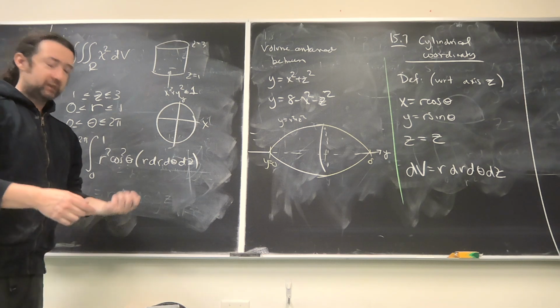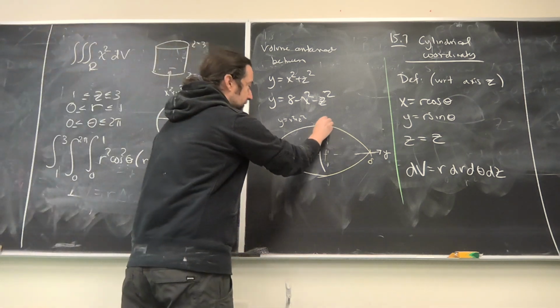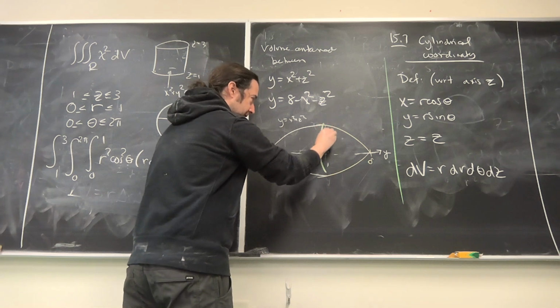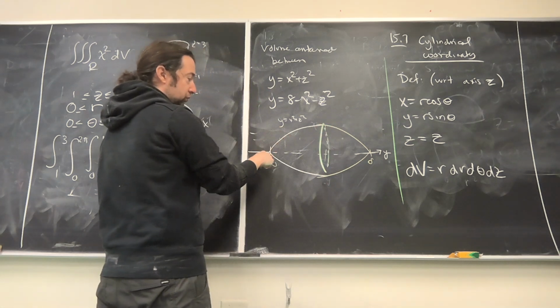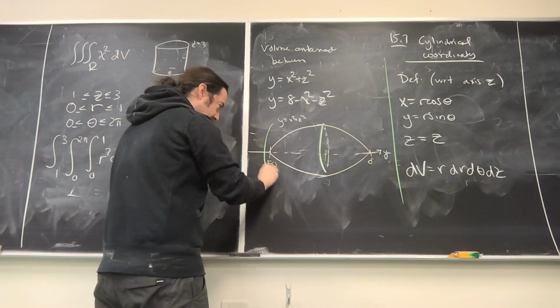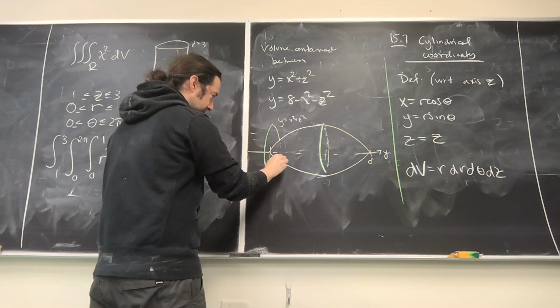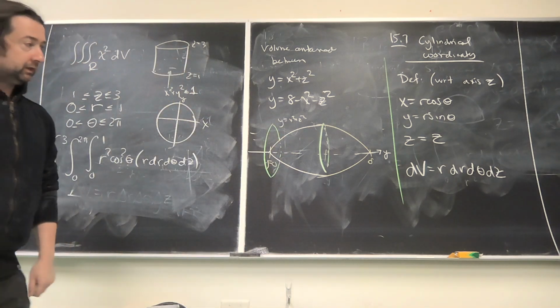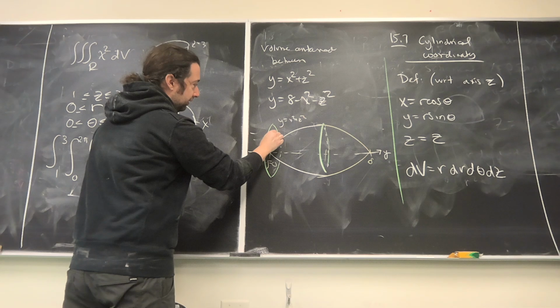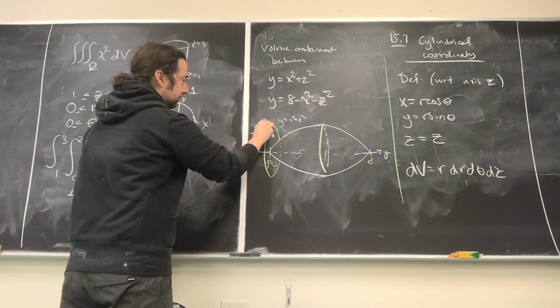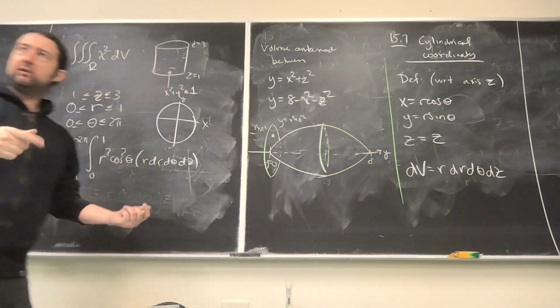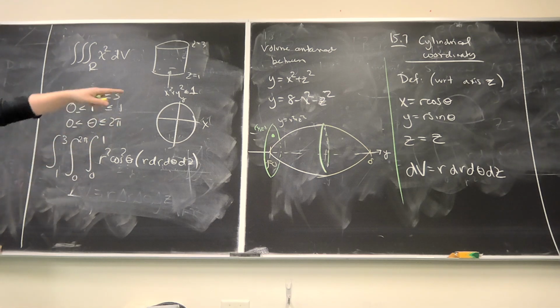XZ. I'd probably choose xz in this case because the circle of intersection here in the middle, if you translate it back to the xz plane, would look like this. And every point here in the xz plane, if I was trying to figure out, can I describe the entire region by moving around inside the xz plane inside that circle?